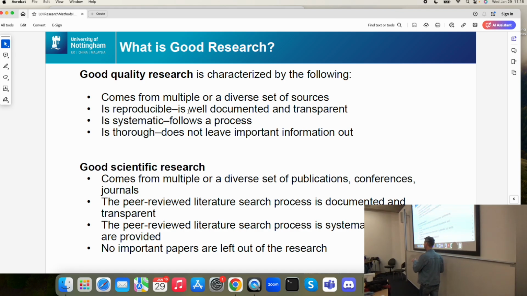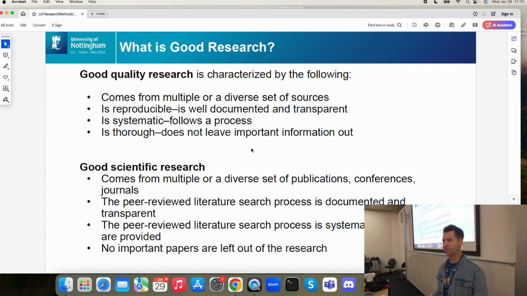That process is well documented, and the process can be repeated as many times as necessary. Right? That's what we mean by systematic. Somebody else can repeat that process. And is thorough. It does not leave out important information. Like, that's pretty obvious. Those are all the hallmarks of good quality research in general.